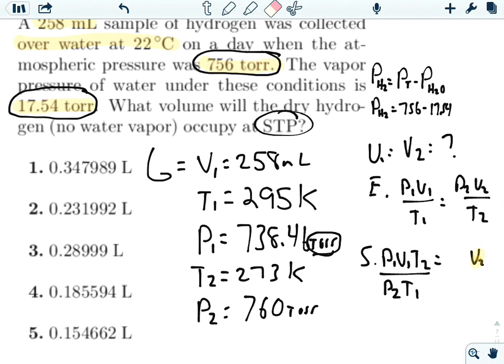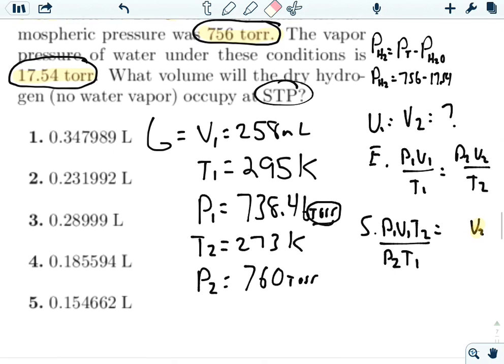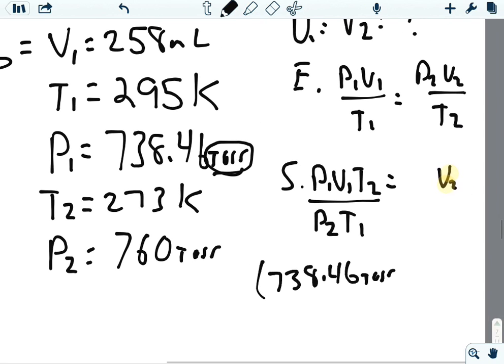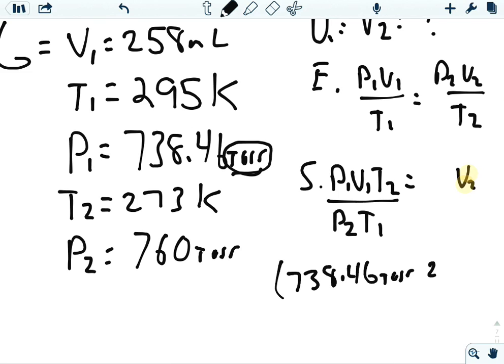So subbing everything in, we get our P1, which is 738.46 torr, times our V1, which is 258, and then our T2, which is 273.